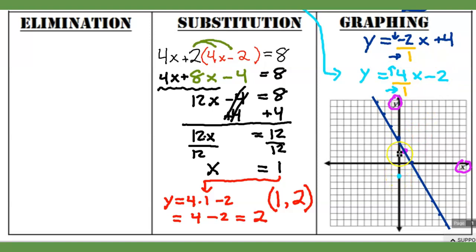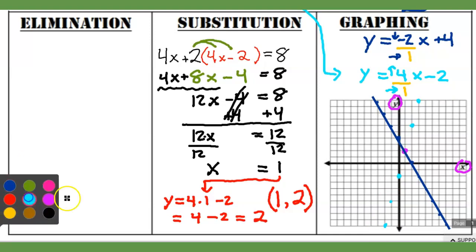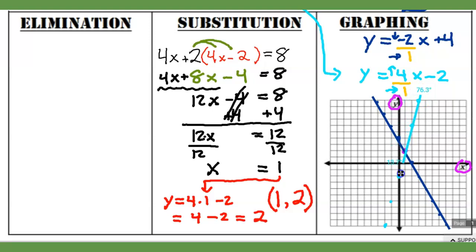And the first movement, up 4, right 1, puts us at our answer, 1, 2. So just continue that a few times, up 4, right 1. Then down 4, left 1.